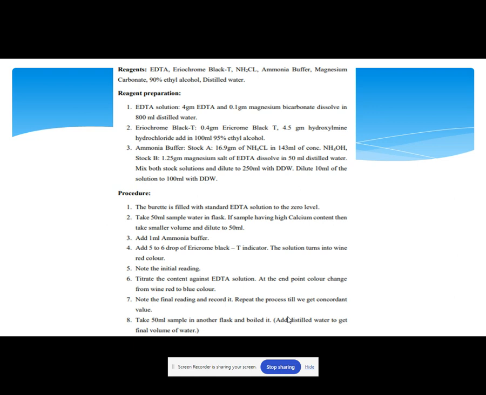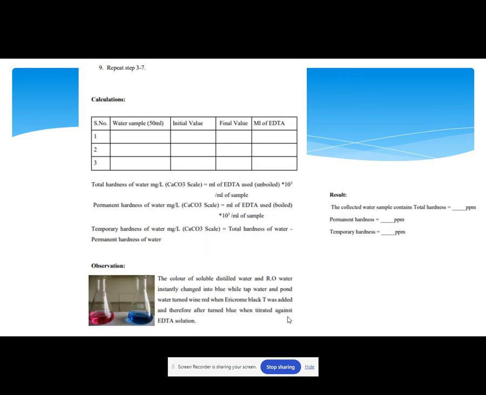In the same manner, we have to titrate the unknown hard water also, and we get two different readings, one for the standard hard water and the other for the unknown hard water. Now, using the formula, we will determine temporary hardness, permanent hardness and total hardness of the given water sample.